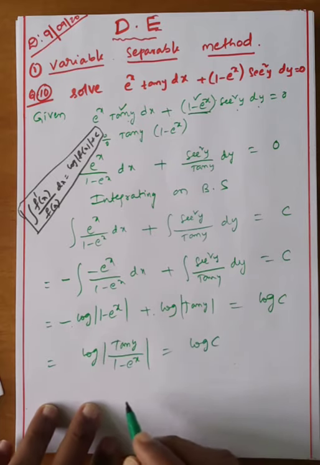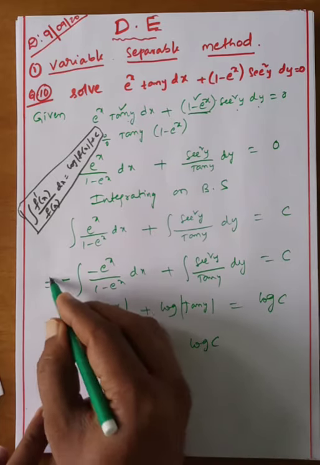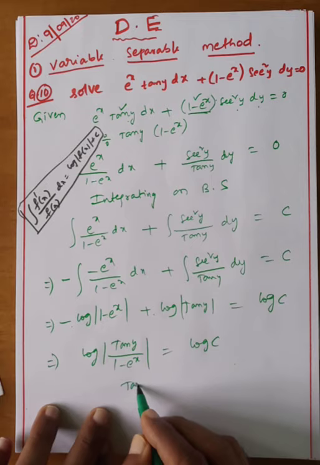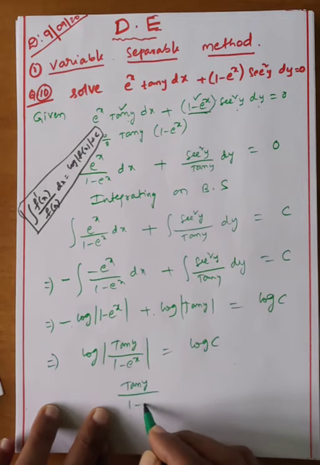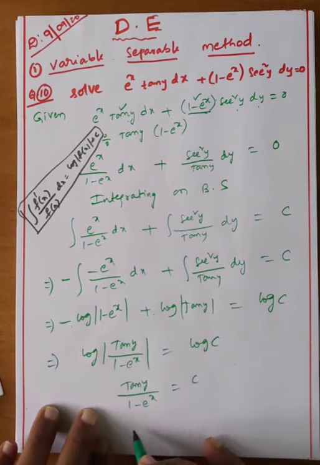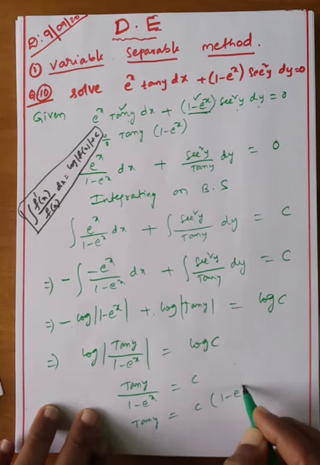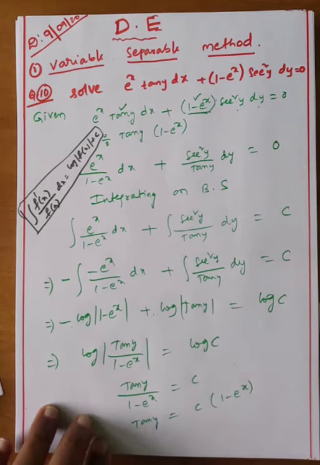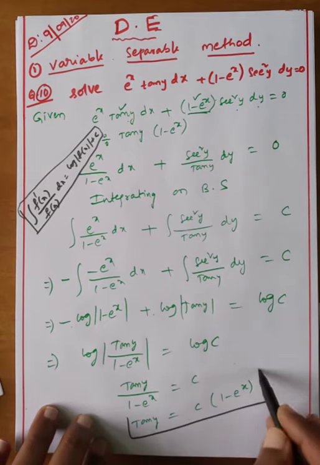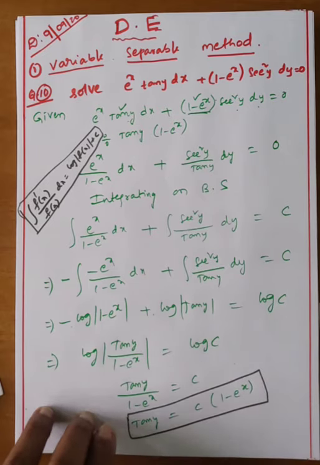Both sides logarithm cancel, so tan y by 1 minus e power x is equal to c. Tan y is equal to c into 1 minus e power x. This is the solution for question number 10.